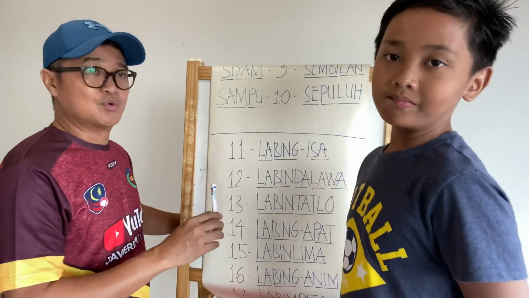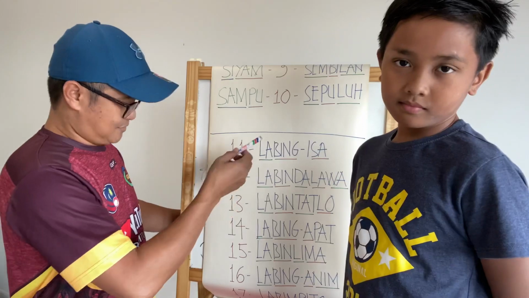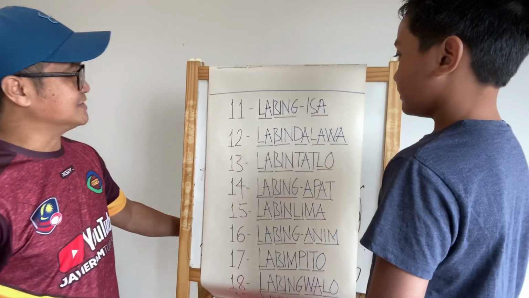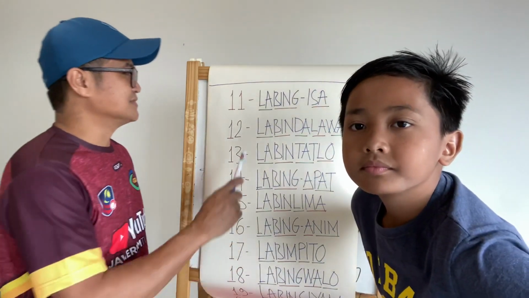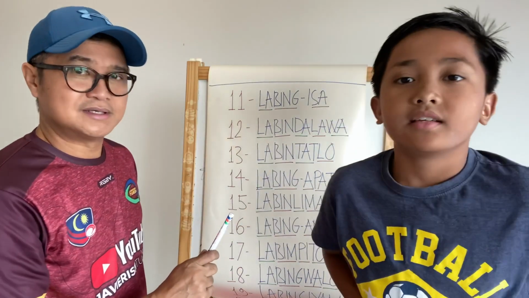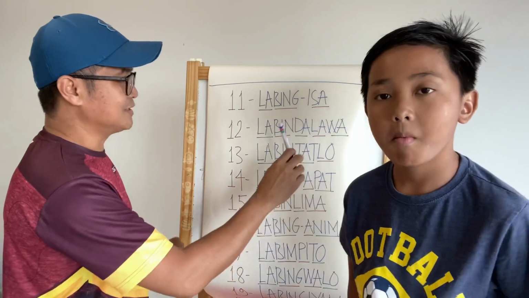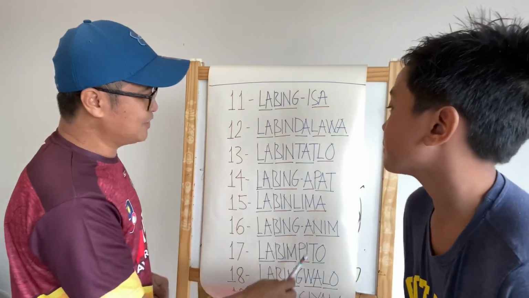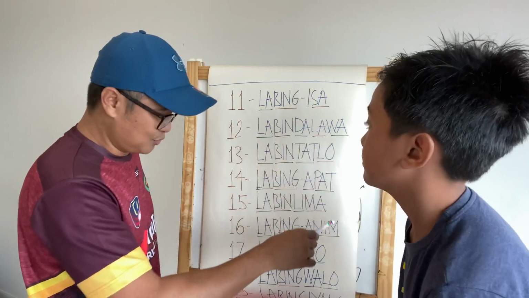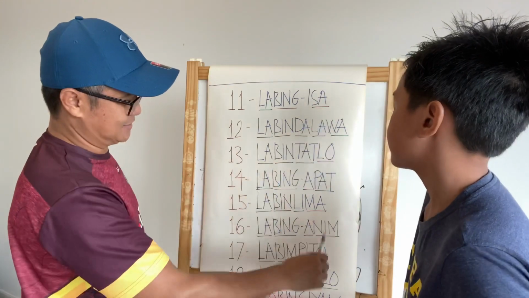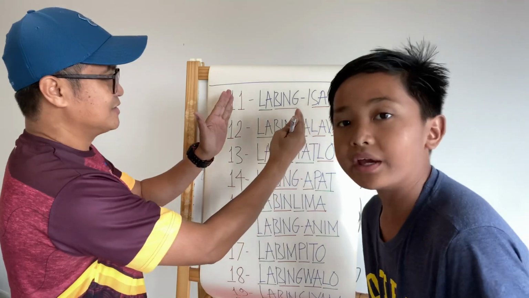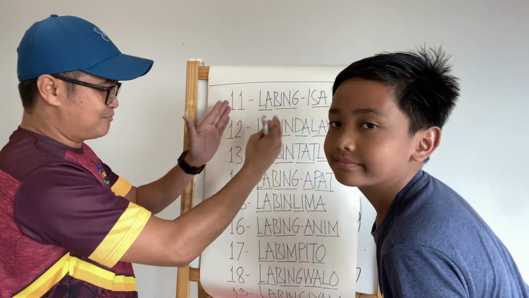Okay, we're going straight to 11, but this time we're going through the Filipino numbers first. If we say 11, it is labing isa. Remember, in Filipino we are repeating the 1, 2, 9 on the right-hand side, but we add labing.